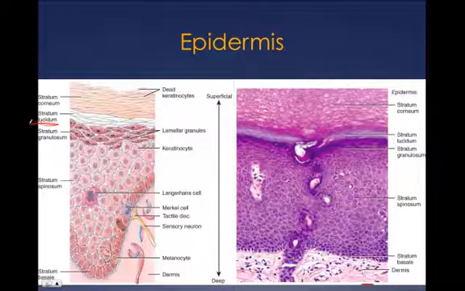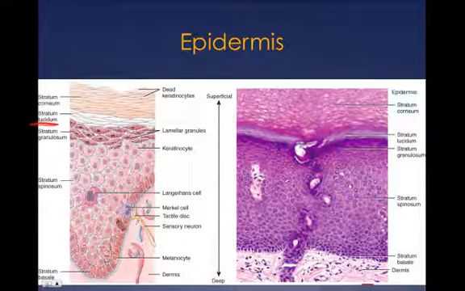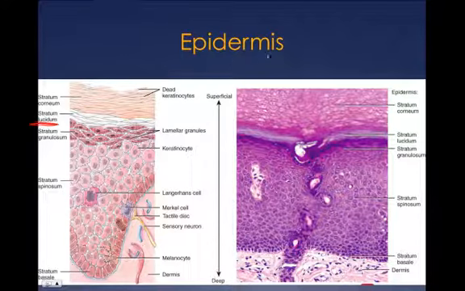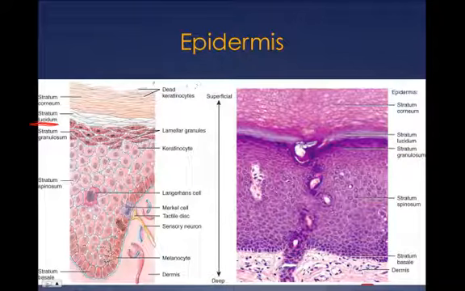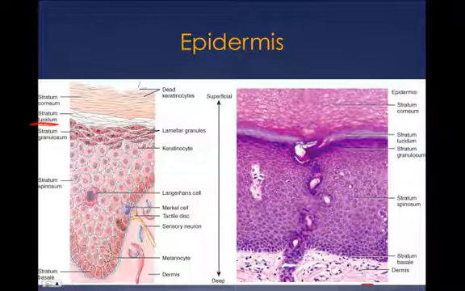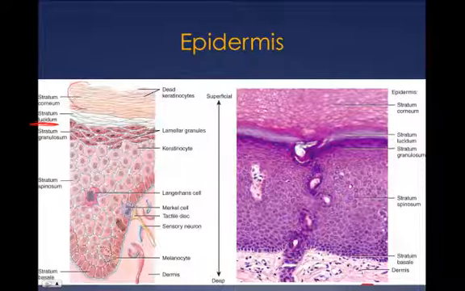Again, on your palms, your hands, and soles of your feet are going to be the common areas where you're going to see that layer. So again, the most superficial outer layer here is going to be called the stratum corneum, okay? And the stratum corneum is going to be this layer right here, okay? And there's your stratum corneum right here.